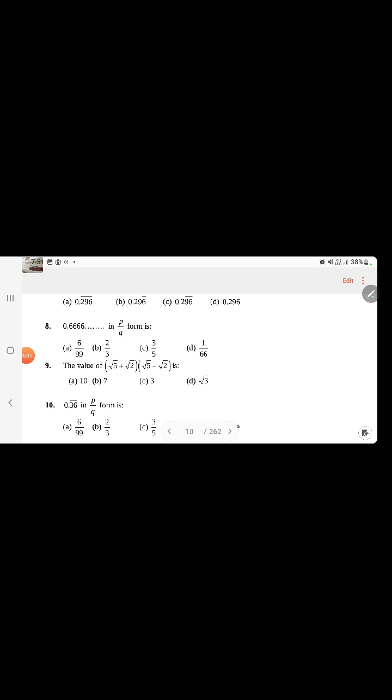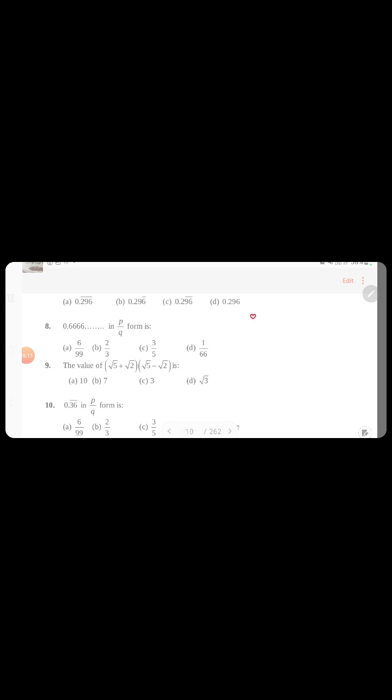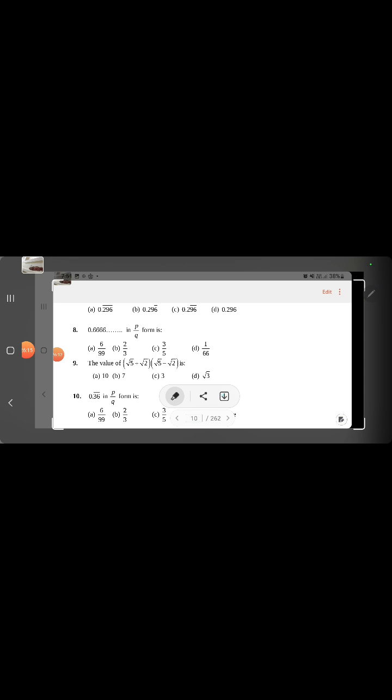You can check once. 3 by 5: we know 3 times 5 times 6 is 30. Okay, so 3 by 5, divide 3 by 5, 3 is less than 5, put a decimal point. So this is 0. So we have to write this decimal form into a fraction.